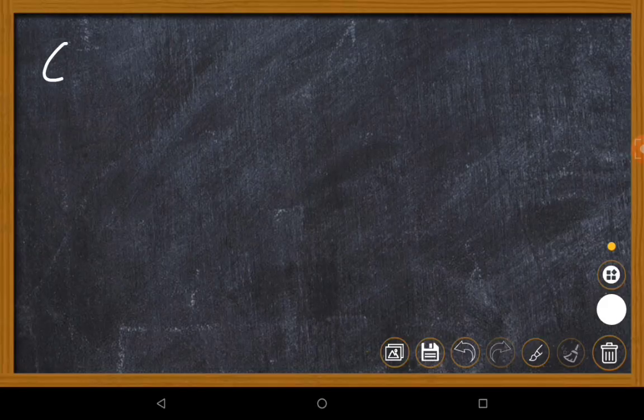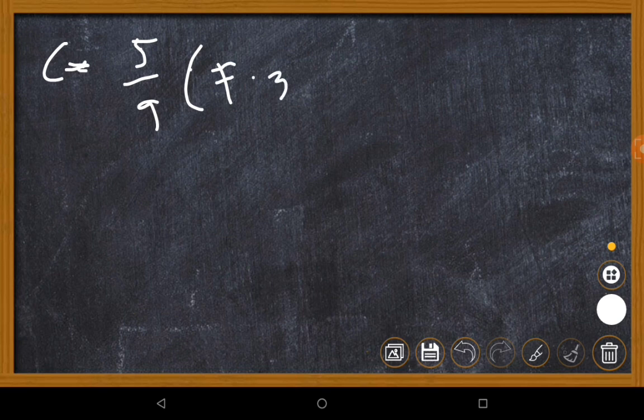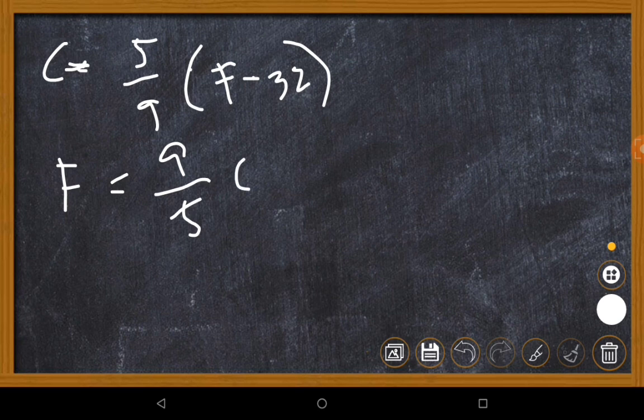So Celsius is equal to 5/9 times Fahrenheit minus 32, while Fahrenheit is equal to 9/5 times Celsius plus 32.